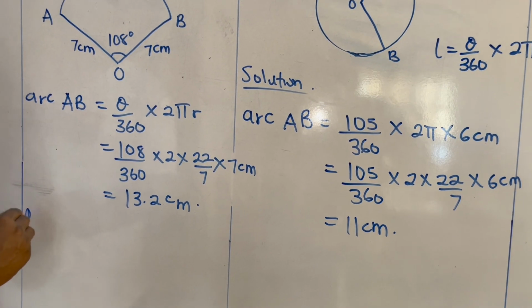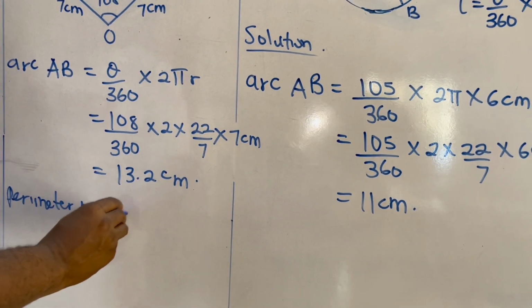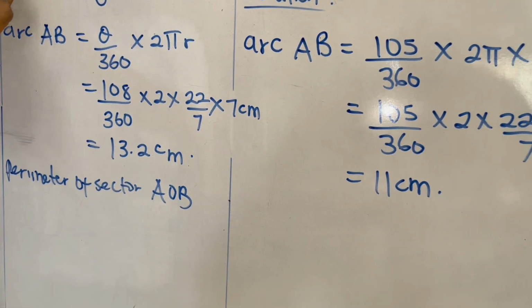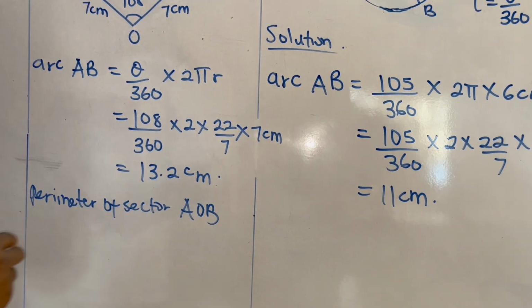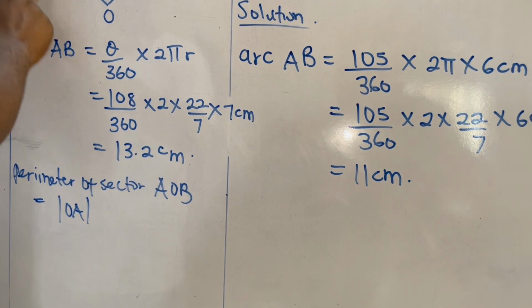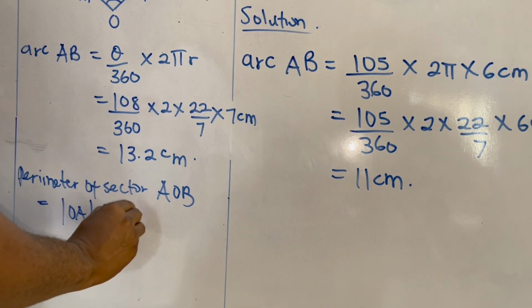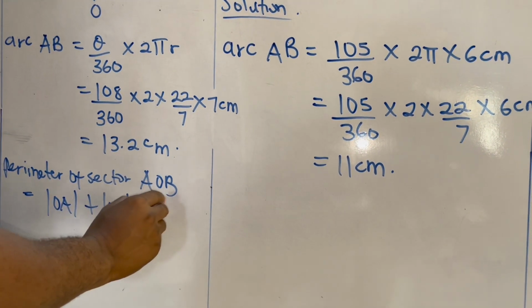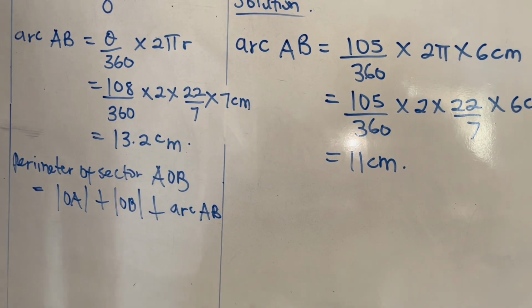Alright, for the perimeter of the sector AOB, to calculate the perimeter of that sector, this will give us OA plus OB plus the arc AB.